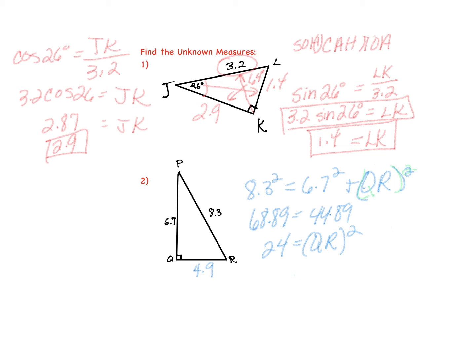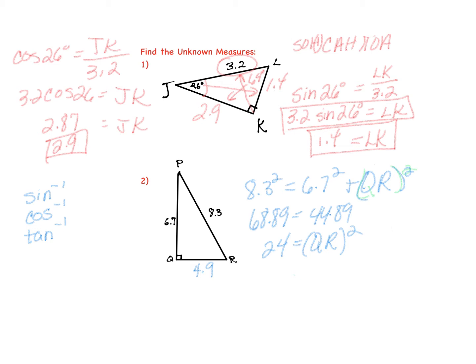Okay, so now we have all of the sides. That's great, but we still need angle P and angle R. So if you remember from our first lesson on the sine, cosine, tangent ratios, I showed you a little trick for finding the angles. So we find the angles using either inverse sine, inverse cosine, or inverse tangent.